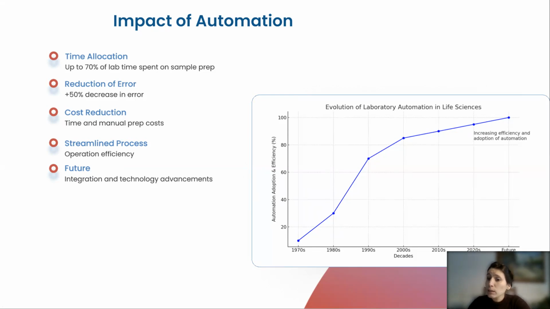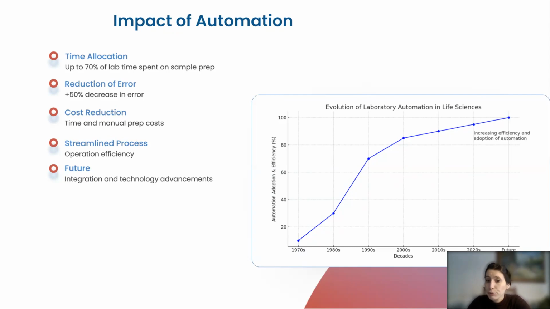Right now, it's becoming a little bit less of a drastic jump, but certainly it is still ongoing. And really, the main thing to highlight here is that there's a huge benefit for automation when we're looking at the amount of time that is being spent on laboratory prep. So the estimate for that is up to 70%. From the previous slide that you saw, it's between 20 to 70%.